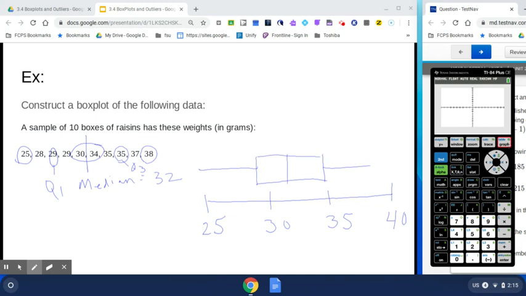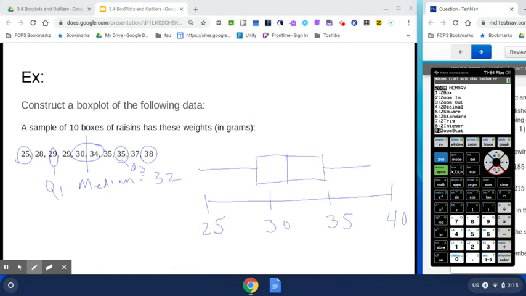This is because the graphing calculator is not zoomed in on the values that I have. The standard viewing window is from -10 to 10. That is not covering my data, which is from 25 to 38. So what you can do is you can hit zoom and then pick the one that says zoom stat, which is number 9. This is going to zoom in on the numbers that you have stored in the stat edit screen.